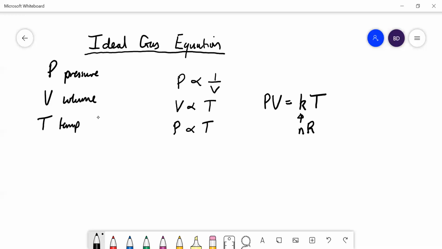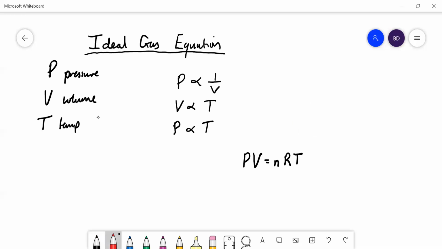So this is the ideal gas equation: PV is equal to nRT. Let's put a box around that. P is pressure, V is volume, and R is called the universal gas constant.